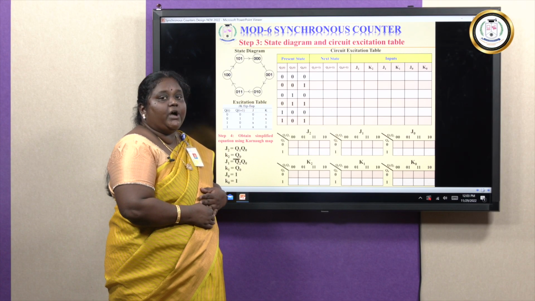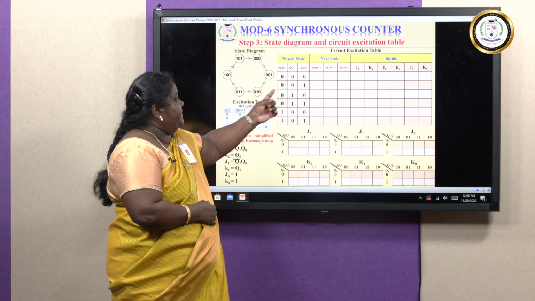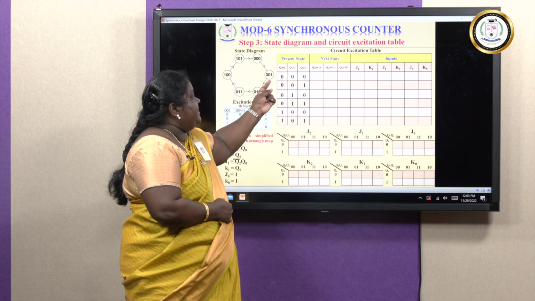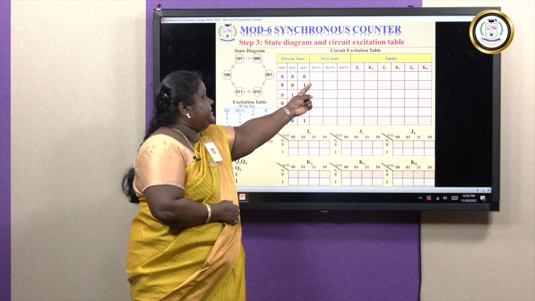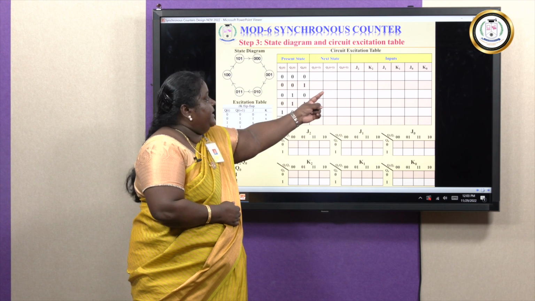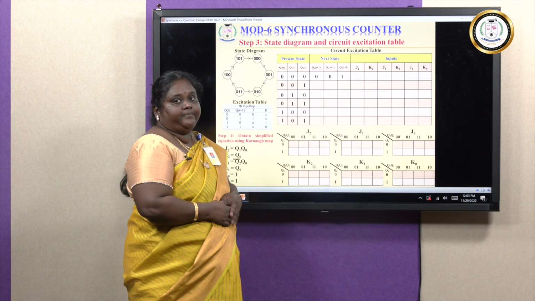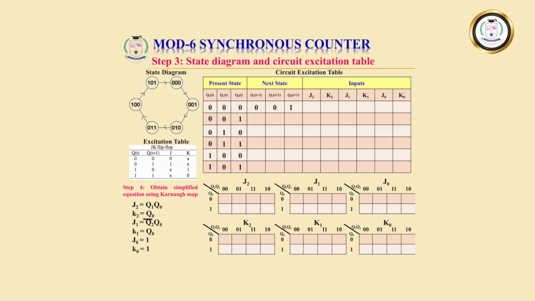Next step, we have to fill the corresponding next states for the current present state. For example, for 0, 0, 0, the next state is going to be 0, 0, 1. That is Q2 of t plus 1, Q1 of t plus 1 and Q0 of t plus 1. So 0, 0, 1. And for 0, 0, 1, the next state is going to be 0, 1, 0.